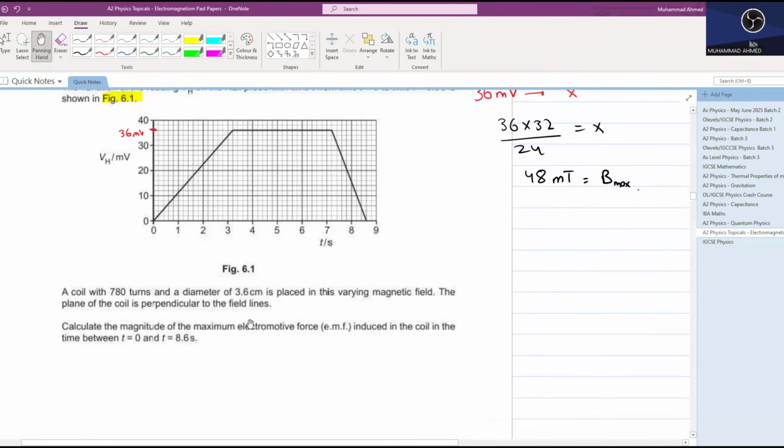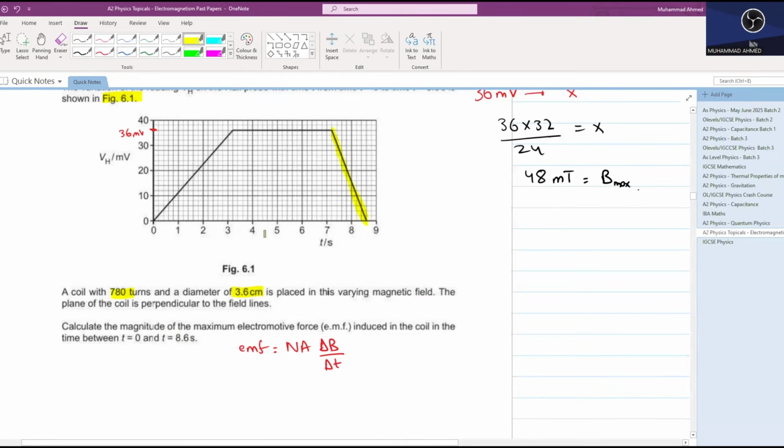Okay. The coil has 780 turns, the diameter of this, okay. You have to calculate the maximum EMF. Okay, what used to be EMF? EMF used to be NA into change in B over change in t. So first of all, from this graph, highlight the maximum gradient point.